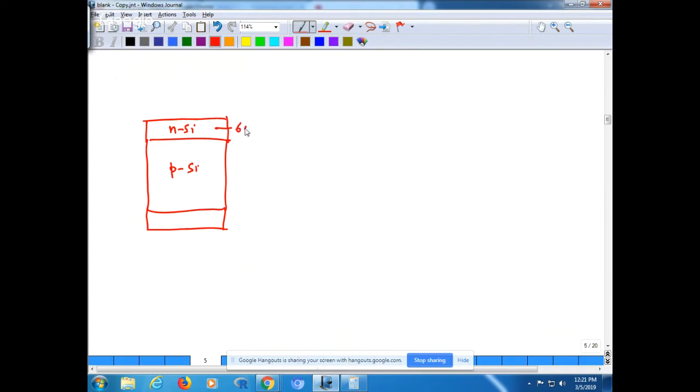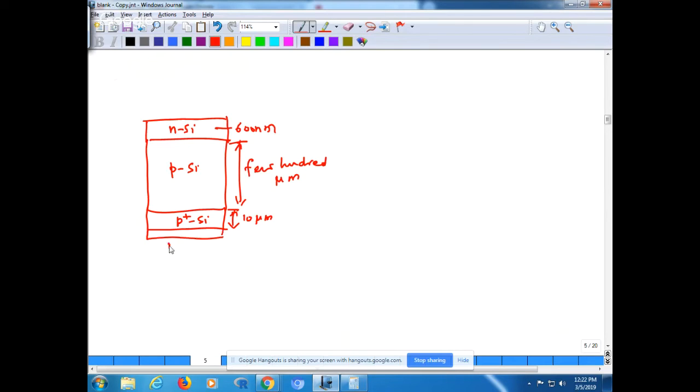This is about 600 nanometer. This is P plus on the back, about 10 micron. This is very thick, few hundred micron.